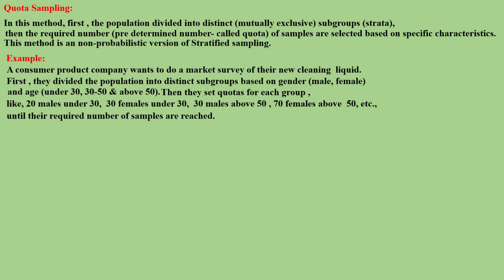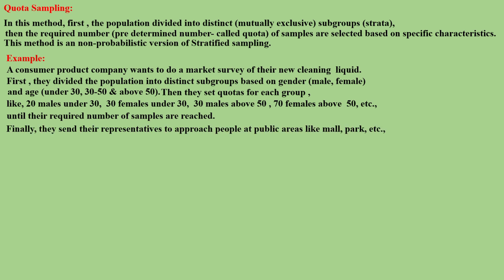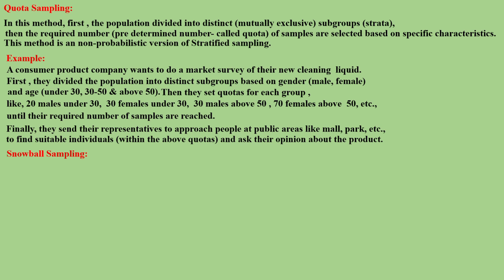Suppose if you want to take 200 people to survey, you divide the number according to that. Finally, they send their representatives to approach people at public areas like malls, parks, etc., to find suitable individuals with the above quotas and ask their opinion about the product.